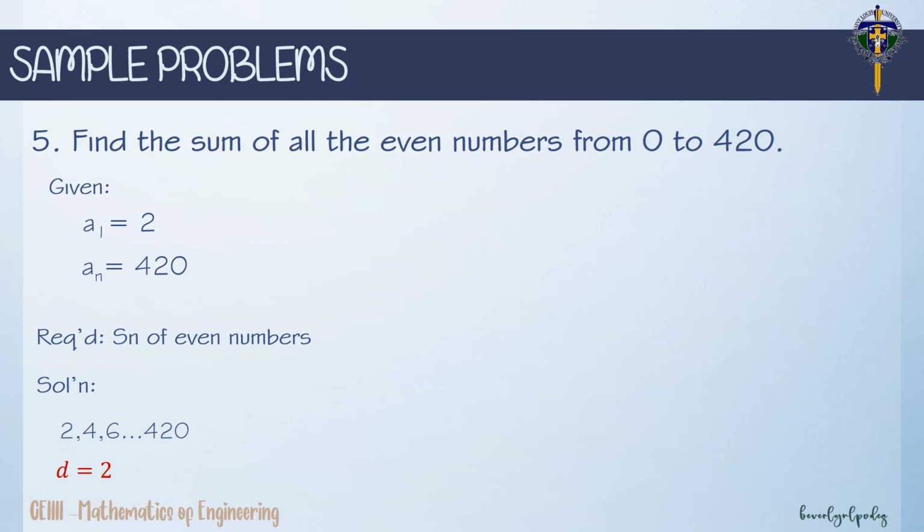Now, checking on the working equation for the summation of arithmetic progression, again, we have two options. If we check the first equation, we have the value of a1, we also have the value of a sub n, but we do not have the value of n.